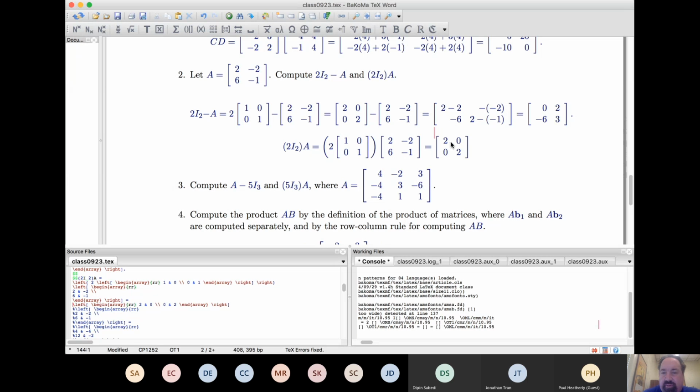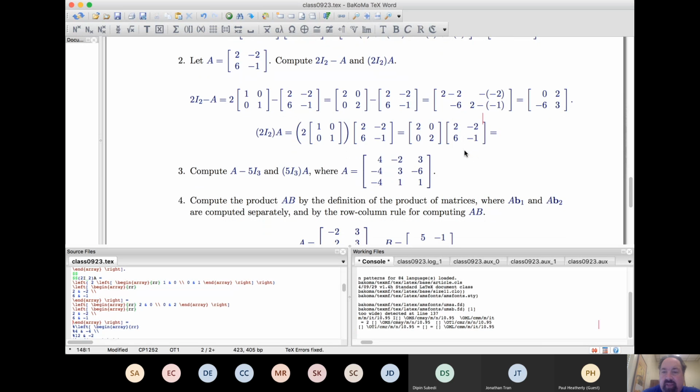So that's just, we saw this before, 2, 0, 0, 2, just multiplying every entry of this by 2 times A. But there's actually no need to carry out the full process of matrix multiplication when it's just a multiple of identity, because identity times any matrix is that matrix. So identity times A is just A.